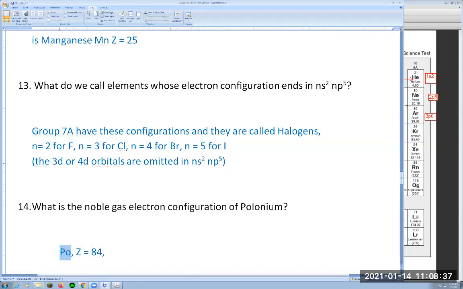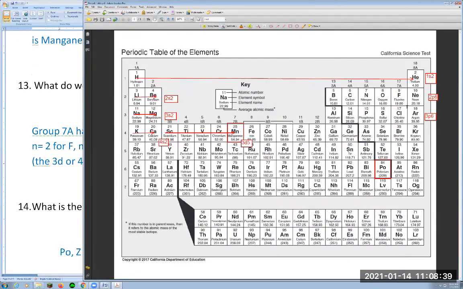So let's look at the periodic table. The noble gas before polonium is xenon. Xenon will be in brackets, and it represents the first 54 electrons. You see how the atomic number is 54 for xenon.